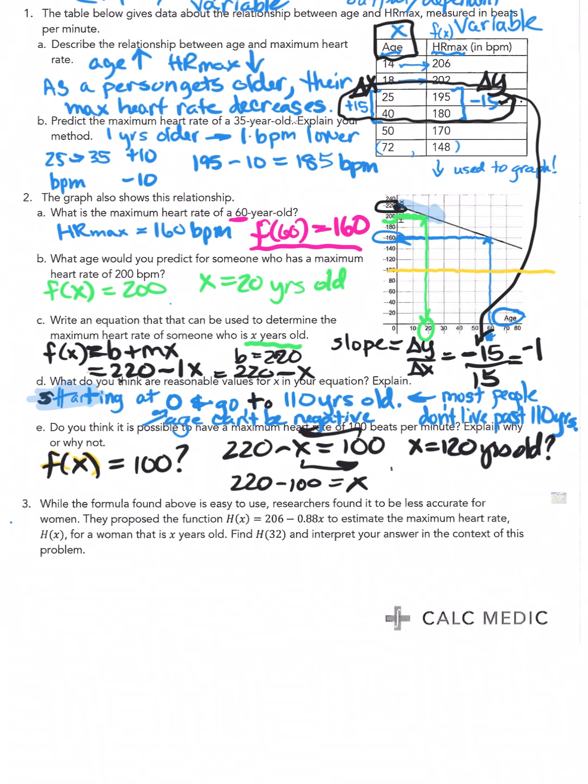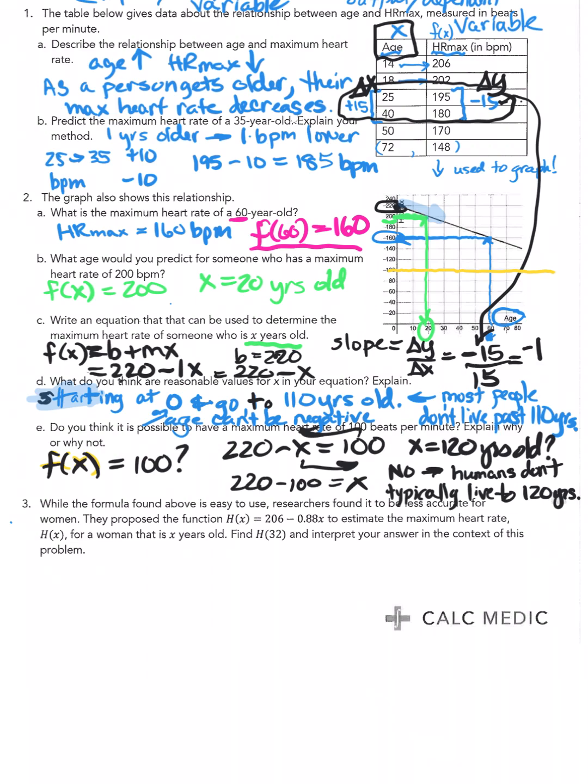The answer is no. So humans don't typically live to 120 years old.